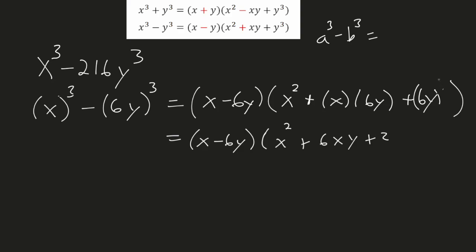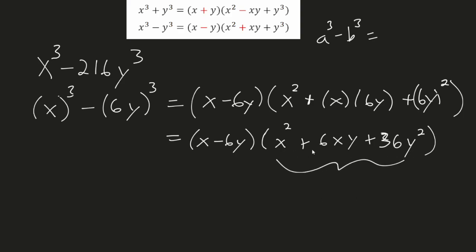There we go. That should have been a square. X minus 6y, double check my work, x squared plus 6xy plus 36y squared. Okay, same as before, double check yourself here, right?